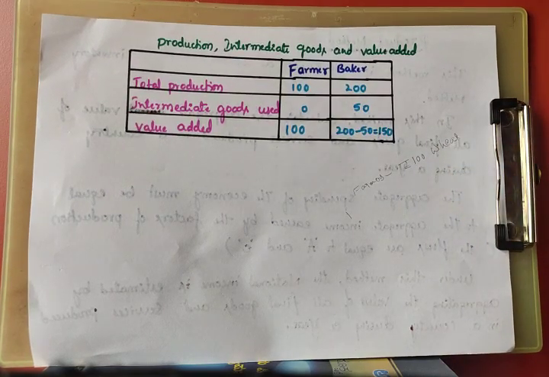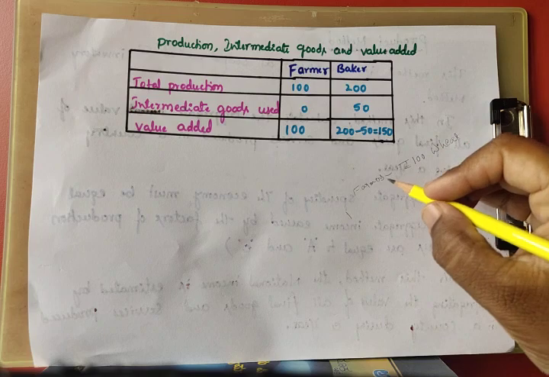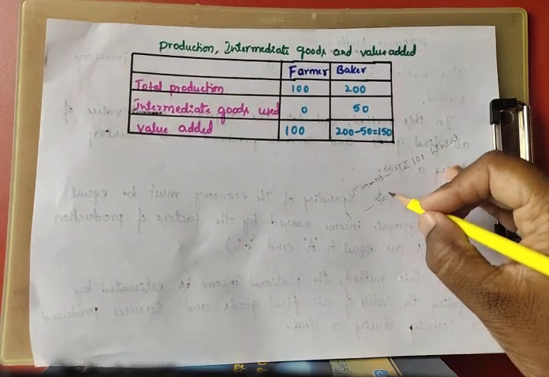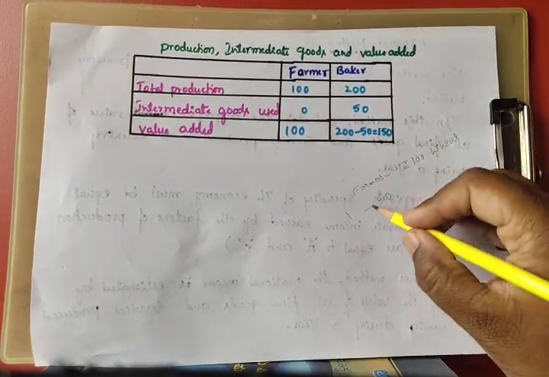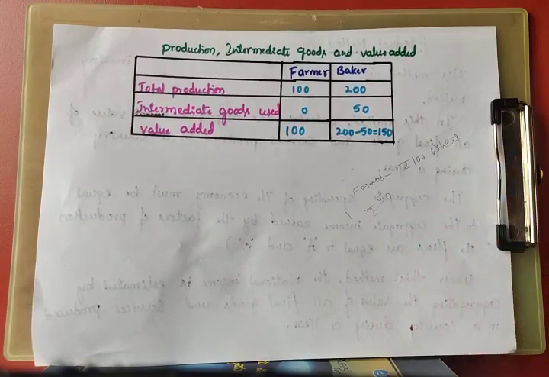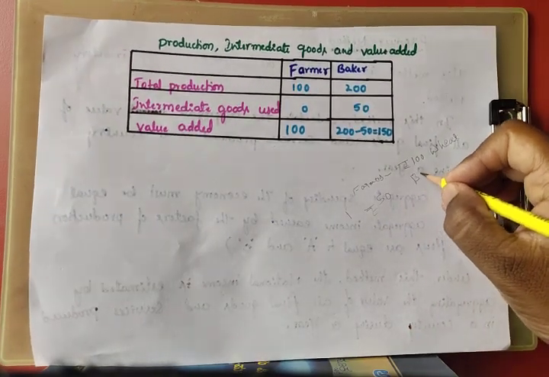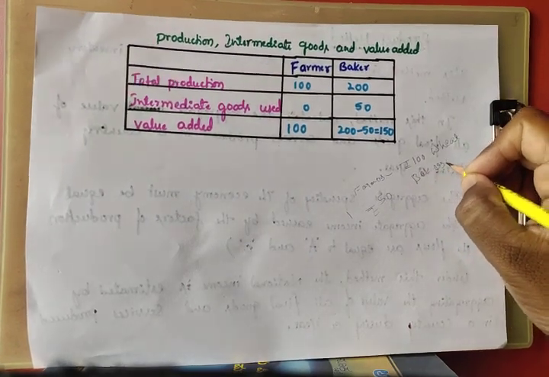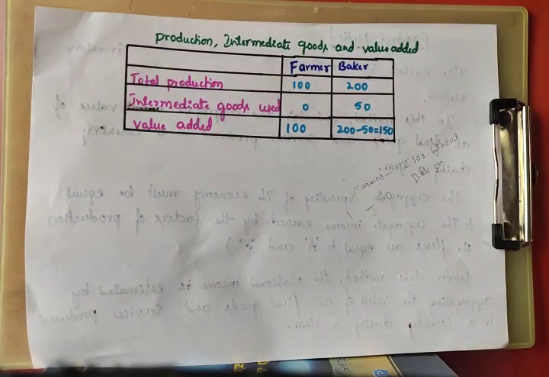Out of this they are selling wheat worth rupees 50 to the bakers. Imagination.